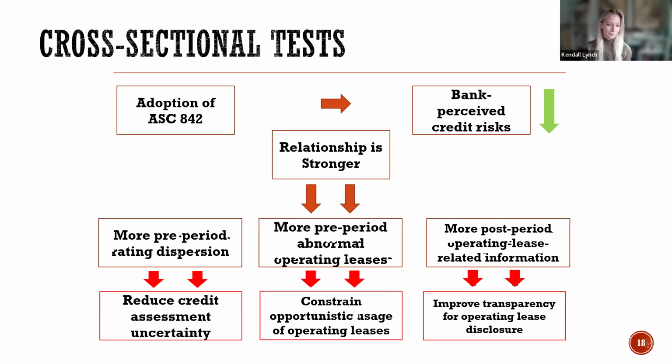Yes, I have another question. Mark, I feel like your middle graph, which is pre-post interacting with pre-period abnormal operating leases, is probably a tighter empirical design. At least in this setting, you do have a different diff with treatment and control firms depending on their pre-implementation operating lease levels. My question is not about that.